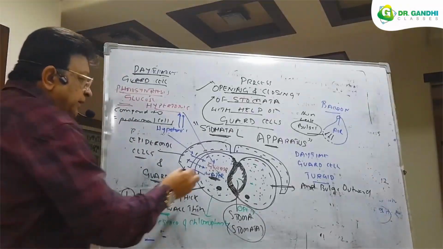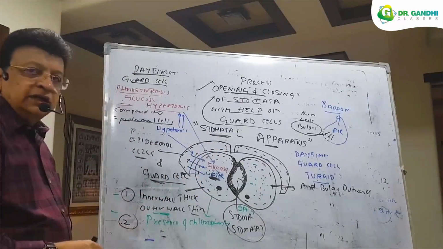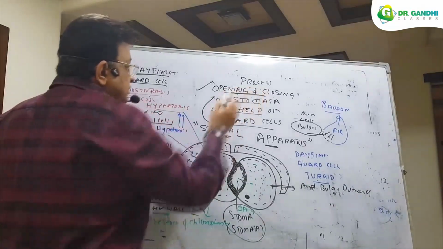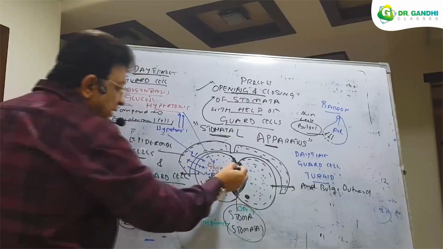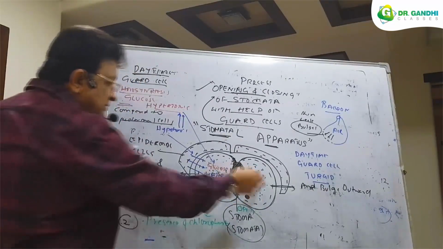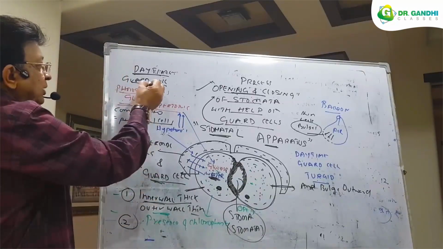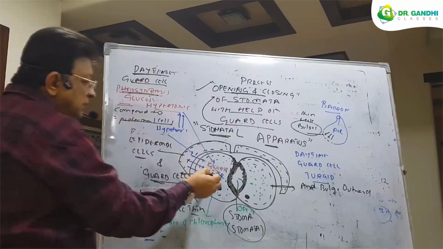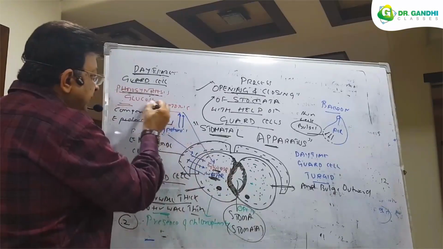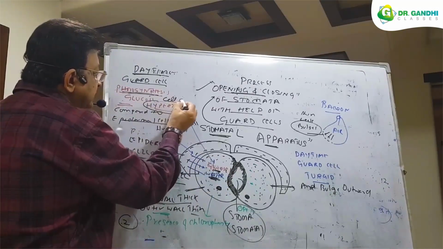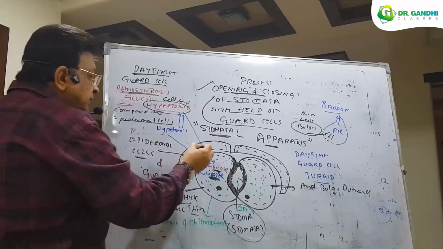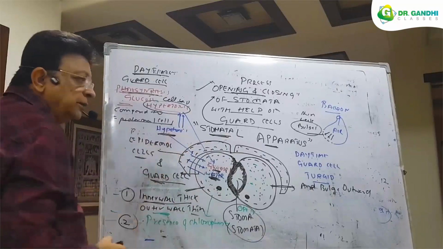I begin again. Two characteristics of a guard cell make it possible to open and close the stomata. The first one, inner wall thick, outer wall thin, and presence of chloroplast. We begin during the daytime. In the guard cell occurs a process called photosynthesis, because of which glucose makes the cell sap in the guard cell hypertonic compared to the epidermal cells which are hypotonic.